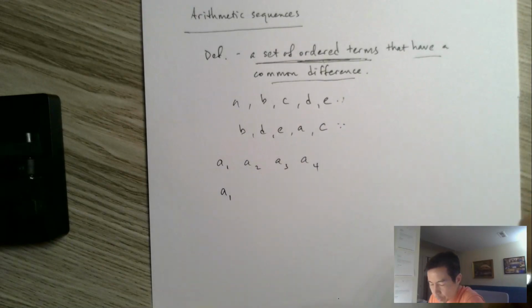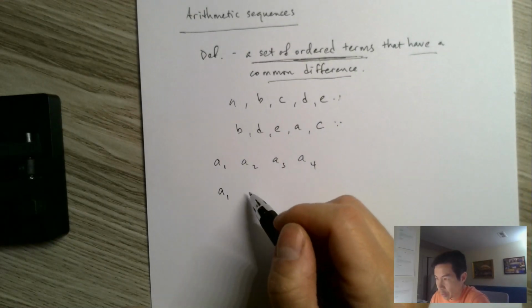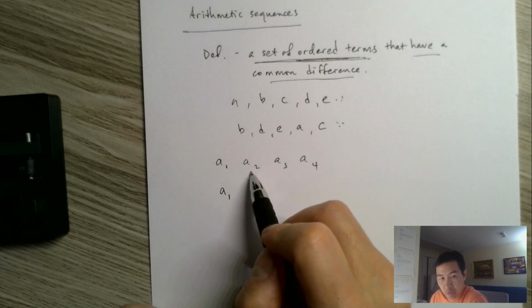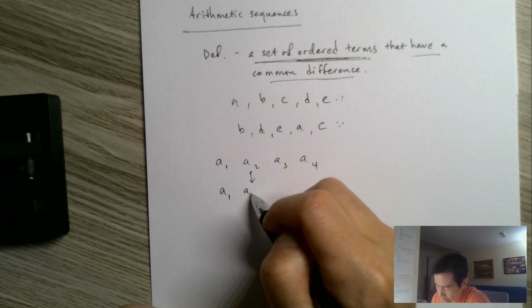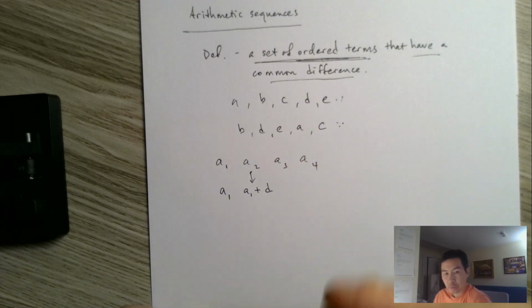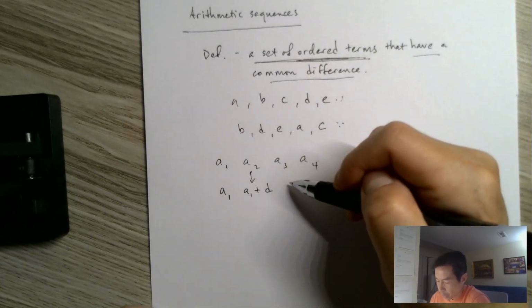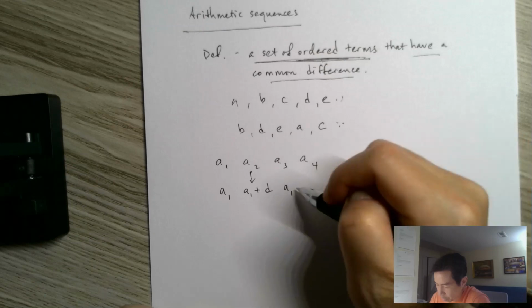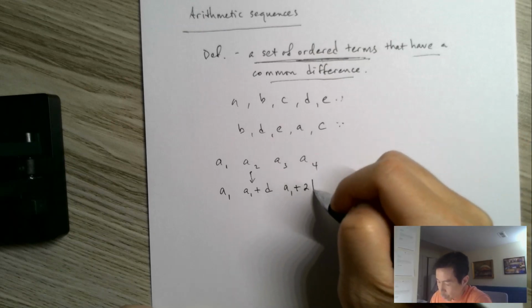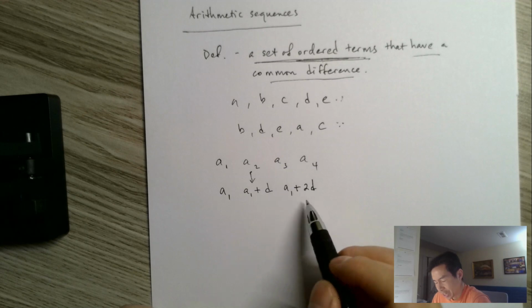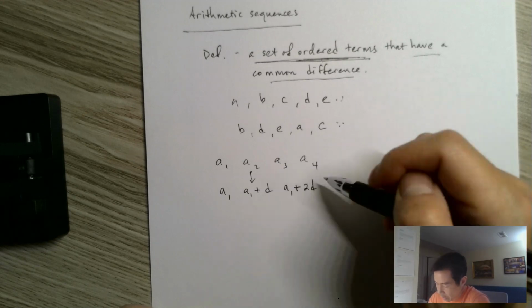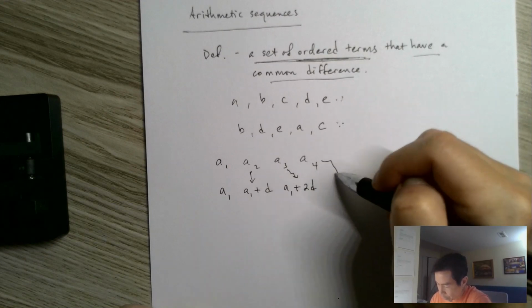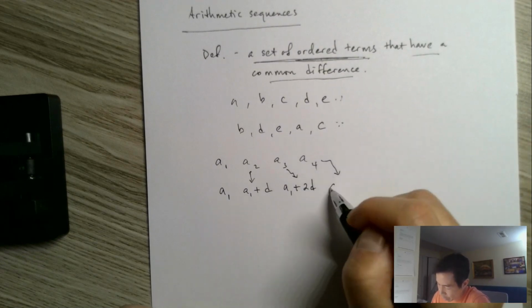Now I'm going to add to that the requirement that the second term, A sub 2, is really A sub 1 plus some value, D. And another requirement is that A sub 3 really is A sub 1 plus 2 of those D's. So I add an additional D to the second term to get the third term. So that's my third term. And then the fourth term is really A sub 1 plus 3D.